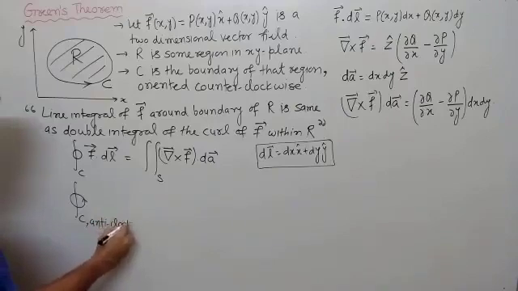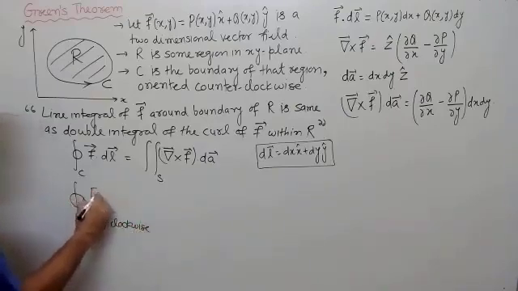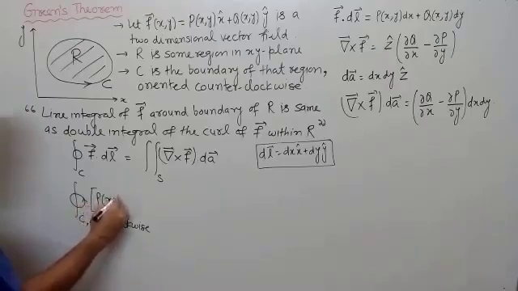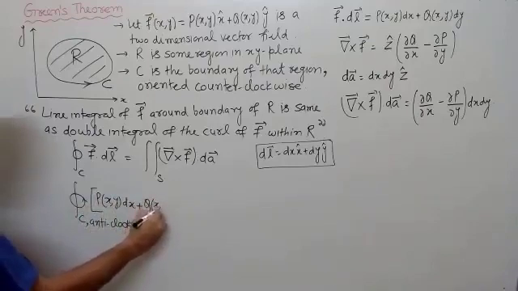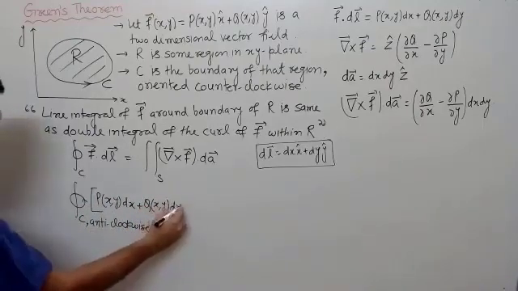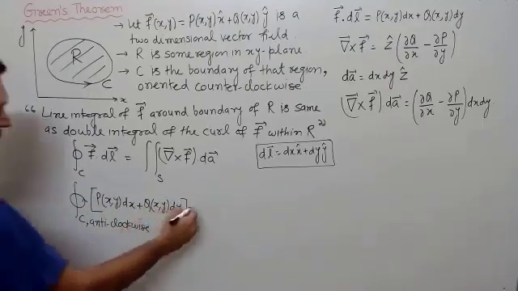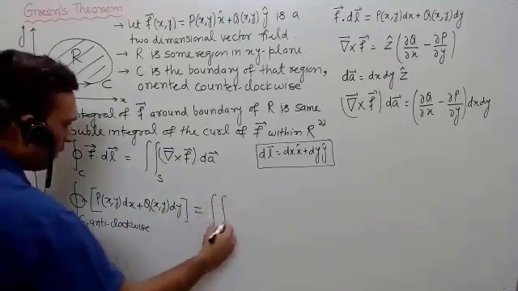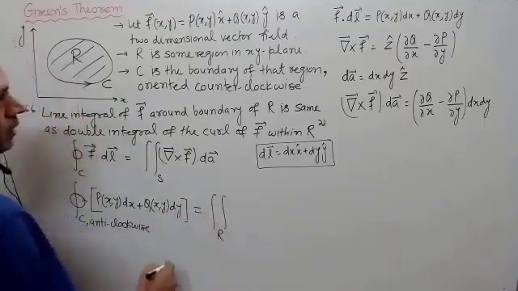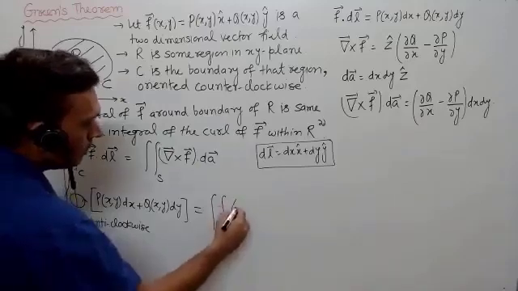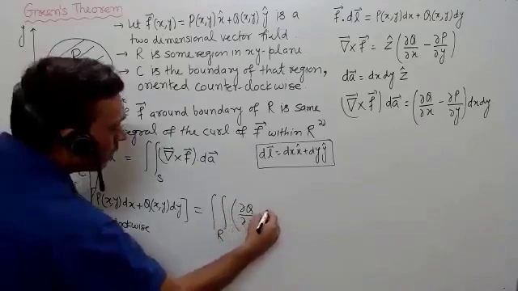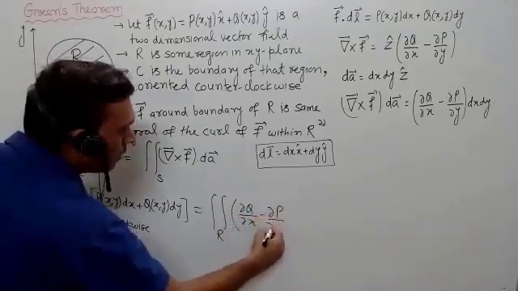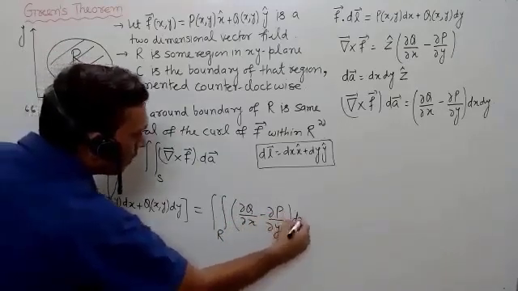You have to move in the anti-clockwise direction. And this term will be P(x,y) dx plus Q(x,y) dy, and that will be the same as the surface integral over the region of del Q by del x minus del P by del y, dx dy.